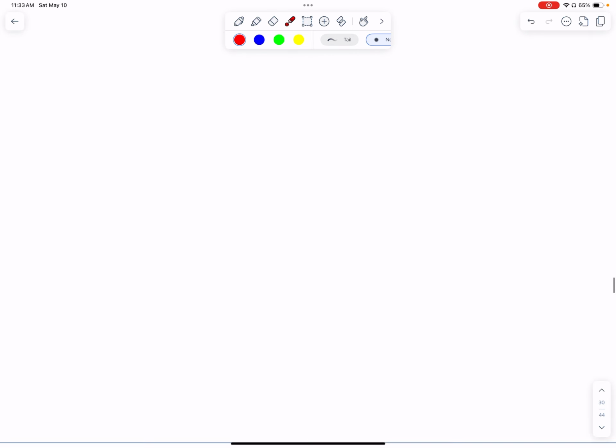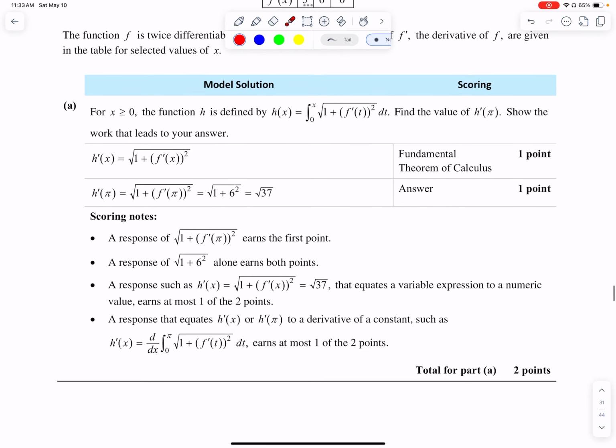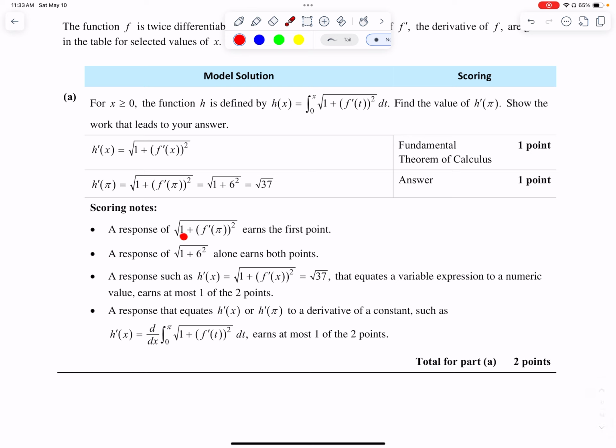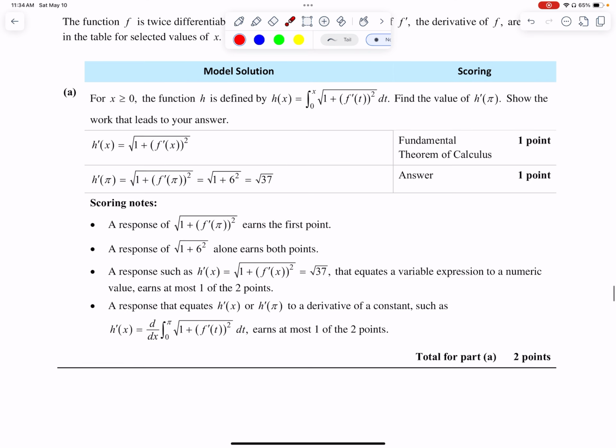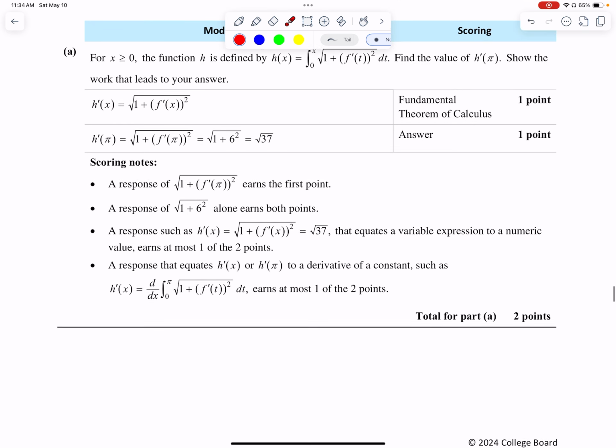So let's take a look at what their scoring notes say. So a response of the square root of 1 plus f prime of pi squared earns the first point. I was correct. A response of just this earns both points. Huh, okay, well look at that. So it's implied that you applied the fundamental theorem of calculus.